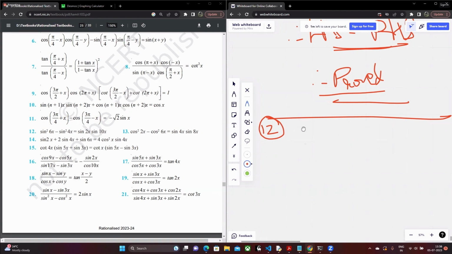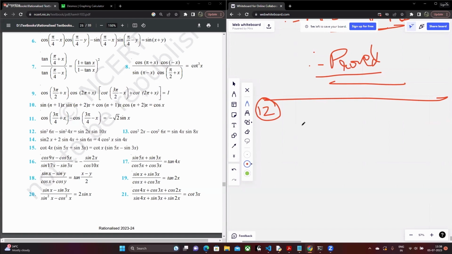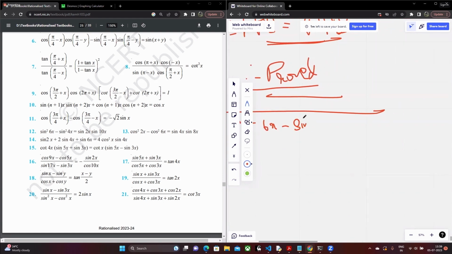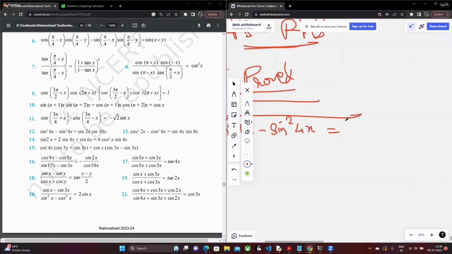Cool. So let me deal with question number 12. Sine squared 6x minus sine squared 4x is equal to sine of 2x into sine of 10x.